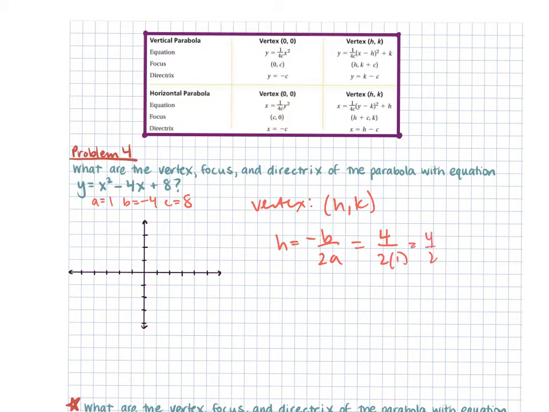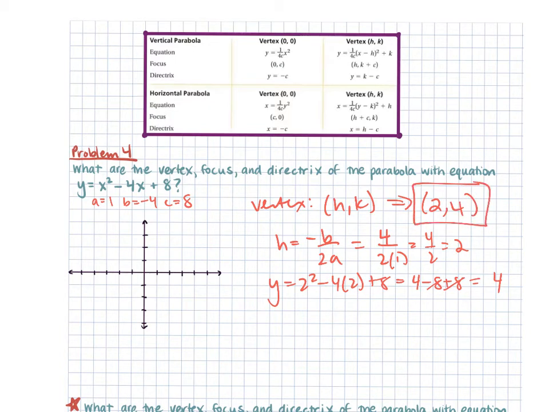So 4 over 2 is 2. So this means our vertex x coordinate is 2. And then we can plug in the 2 to find the y. 2 squared minus 4 times 2 plus 8. This is just a review of quadratics. 4 minus 8 plus 8 is 4. So the vertex h, k is 2, 4. So that is our vertex.